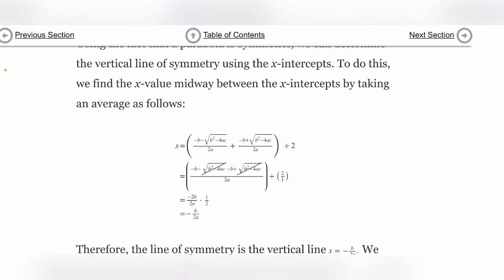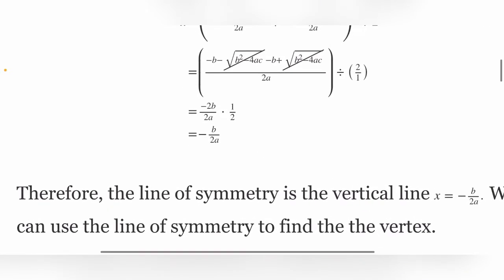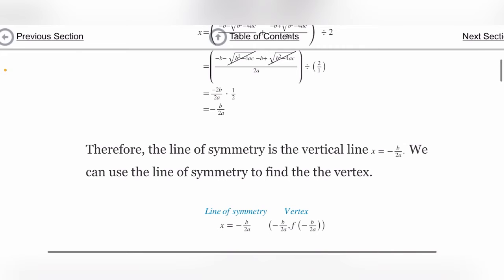Average means the mean, yeah? So we add the two values of x with positive and negative sign, and divide by 2. So negative b over 2a will be our symmetry line.